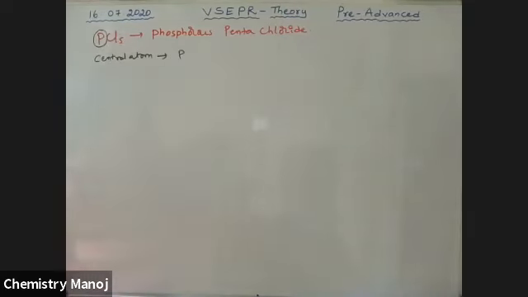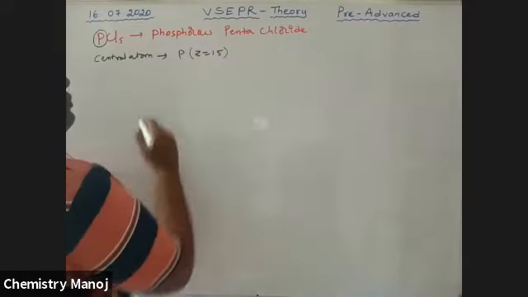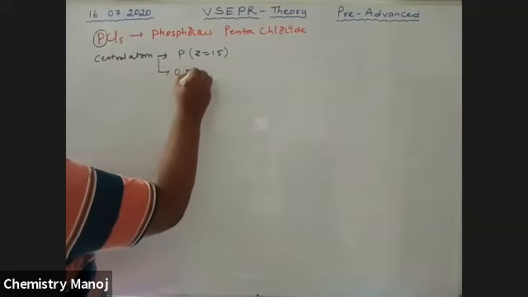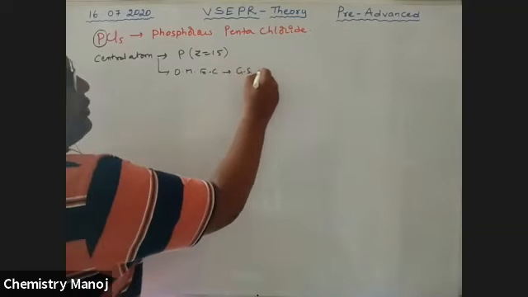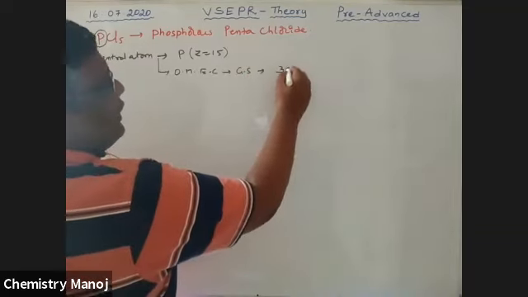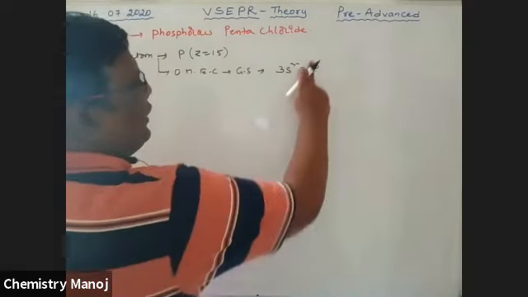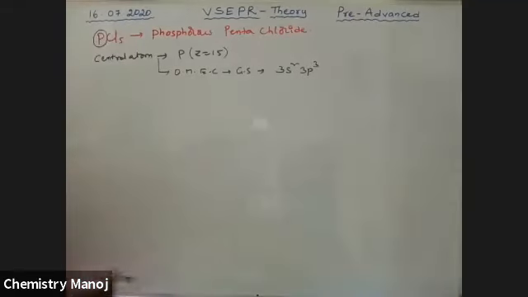Its atomic number Z is equal to 15. Its outermost ground state electronic configuration is 3s2 3p3.